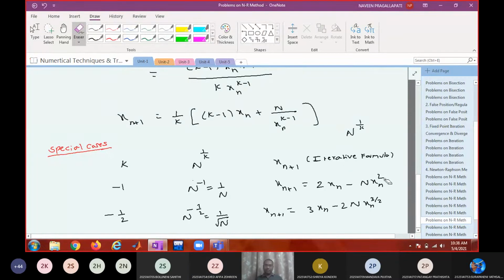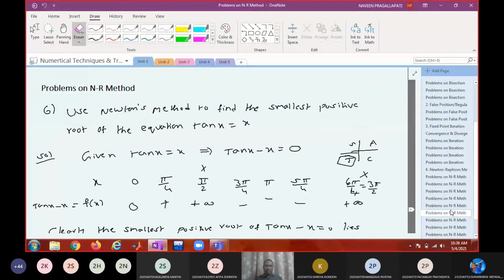Yes, sir. Okay, so just see one more problem, and this is an important problem. All of you write down this problem. Use Newton's method to find out the smallest positive root of the equation tan x equal to x.